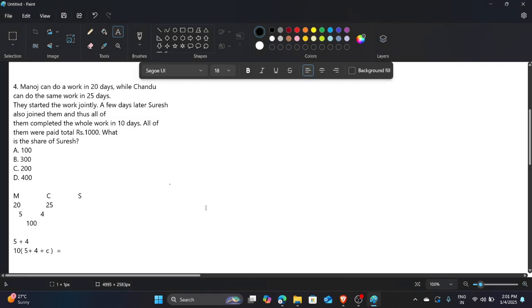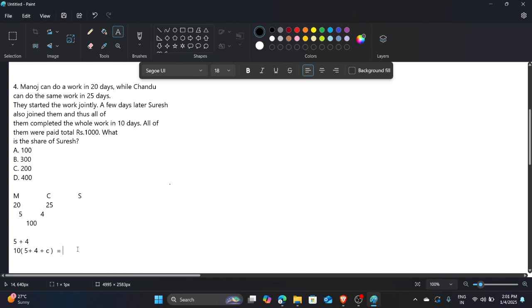Okay, so the question is saying that they started the work jointly. A few days later, because if they did the work at least for one day, only Manoj and Chandu, and then Suresh joined, then the 9 units of work they already completed in a single day. But according to their solution, they all three started on the same day.